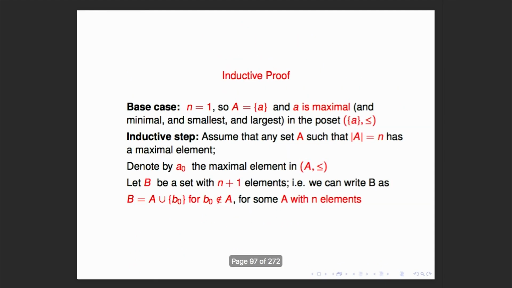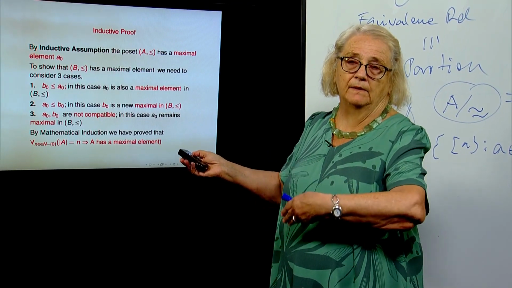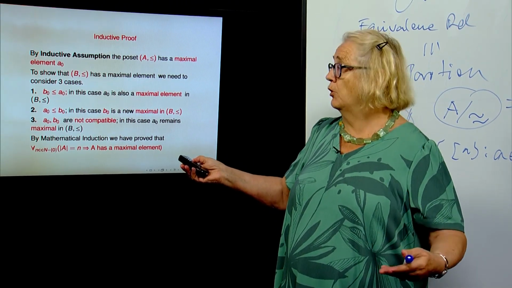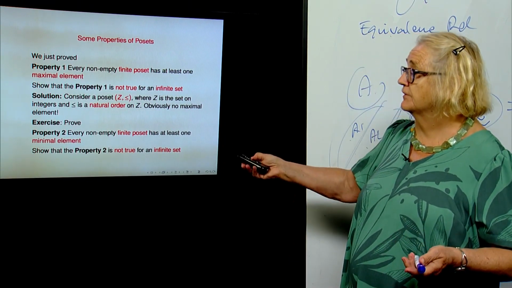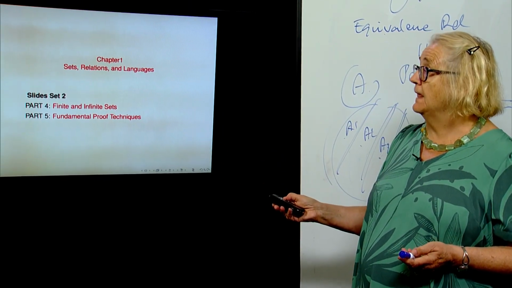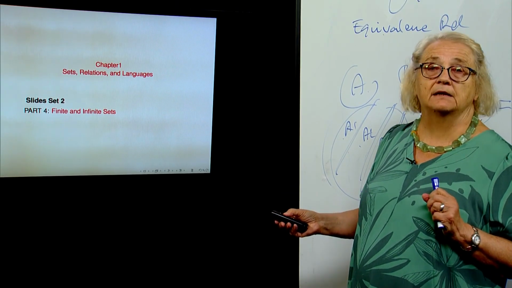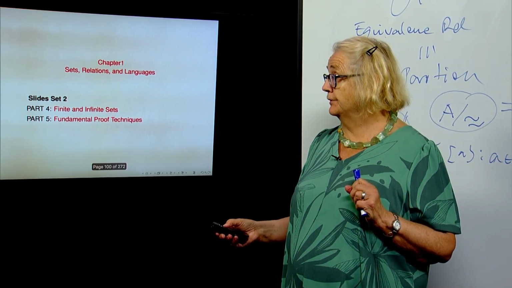So I don't want to spend too much time on that at the moment, but if at a certain moment within the course we need that information, we will go back and use the properties. So now I want to spend a little bit of time on finite and infinite sets, because that is really important.